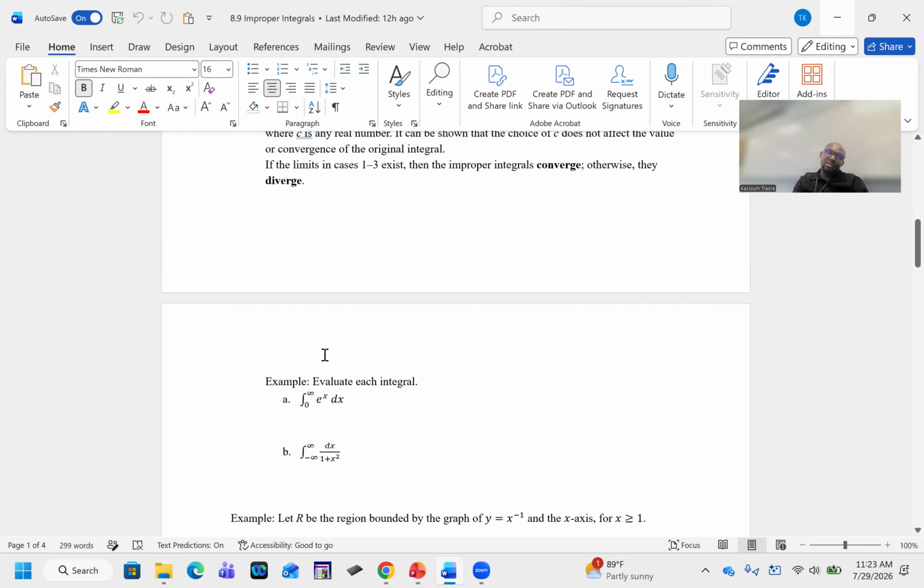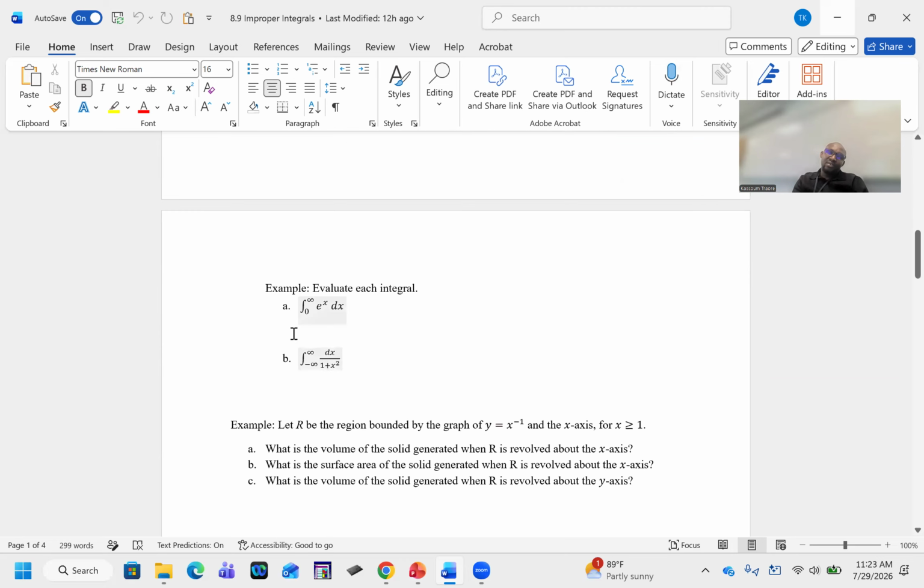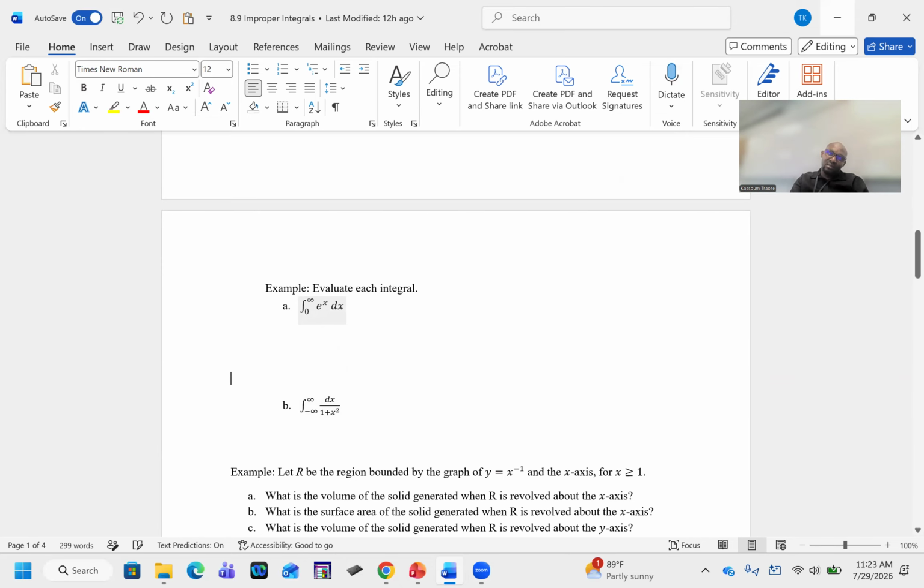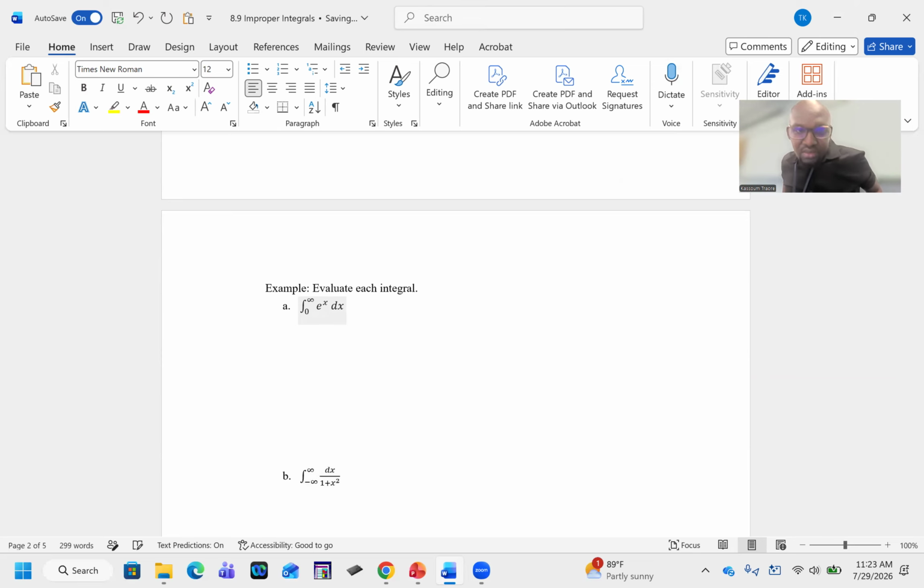So the first example is: evaluate each integral. Evaluate the integral from 0 to infinity of e^x dx. So I'm just going to follow my definition.